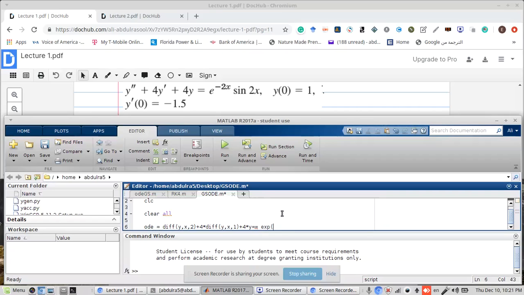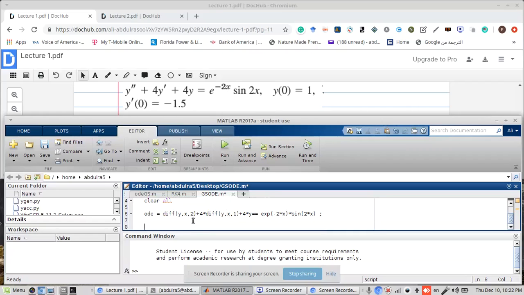Exponential function of 2 times x times sine 2 times x. And I can close the statement of Matlab by putting a semicolon. All right, so this is the ODE.